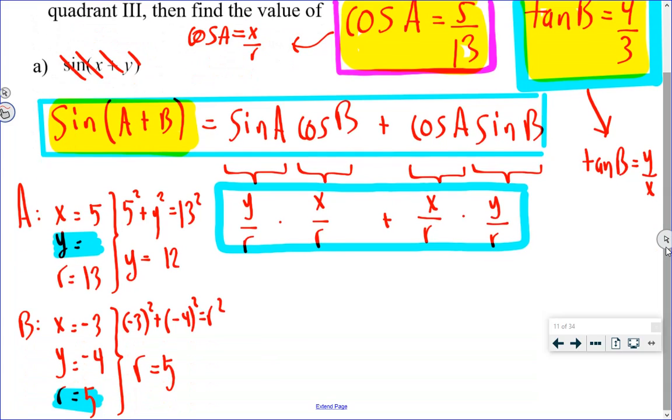It's not a lot of difficult work, it's just a lot of work. You need to be organized. So if it's in quadrant 4, x is positive, which it is, and y is negative. So when you figure out what y is, you end up having plus or minus 12, and the answer is negative 12. Now we put everything in.